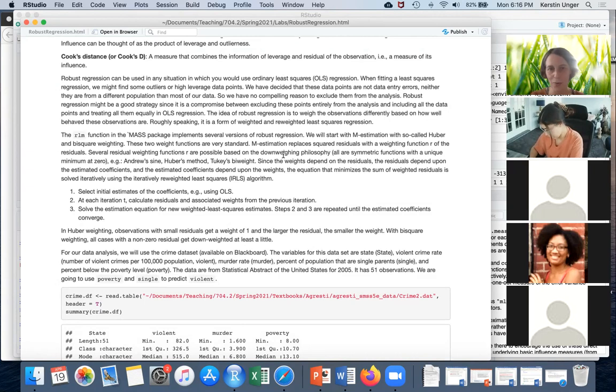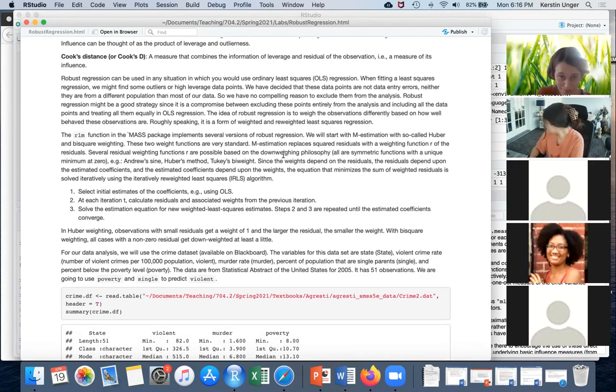So what is often done is that you start with ordinary least squares regression. You basically just estimate your model as you would in your normal linear regression. You just minimize the sum of squares, and that way you determine your residuals and your regression.